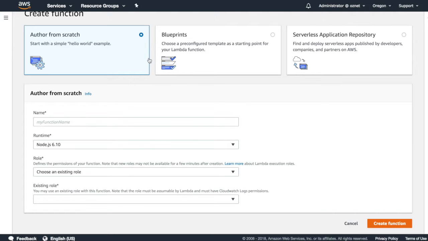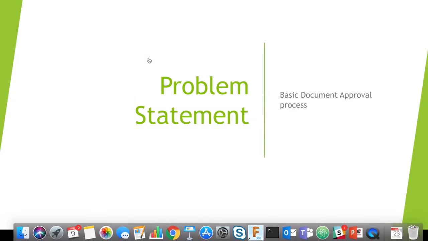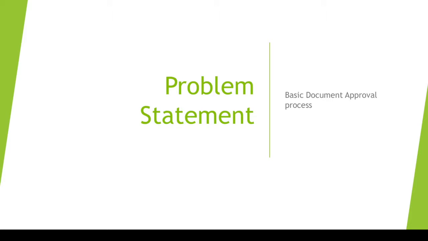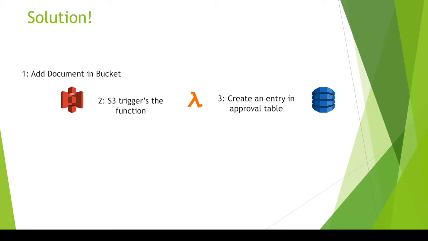Before we name our first function, it is important to understand the problem we are trying to solve. For this episode, we want to create a basic document approval process. The very basic, overly simplified solution is to trigger Lambda whenever a new document is added to S3 bucket.